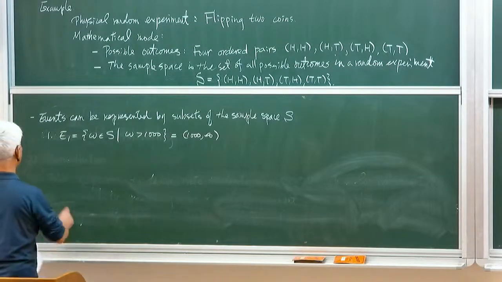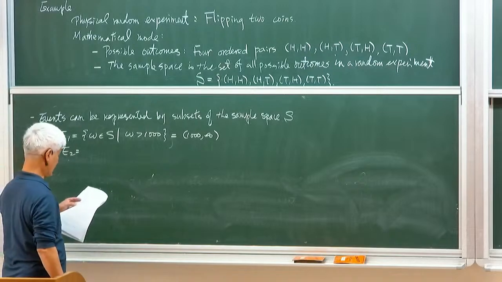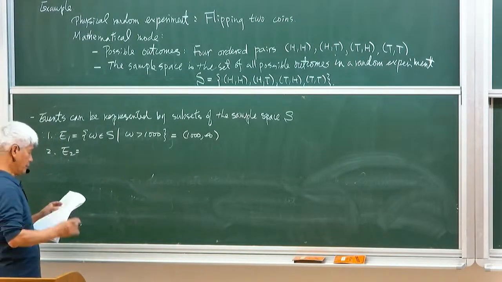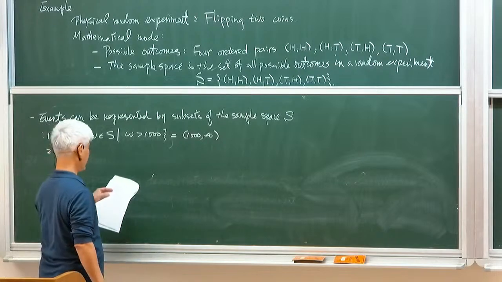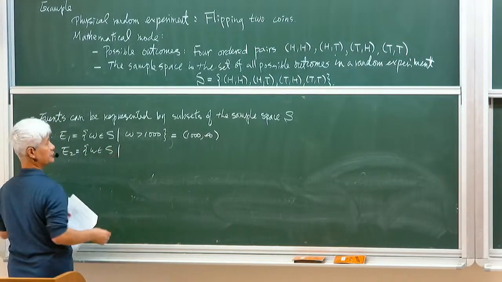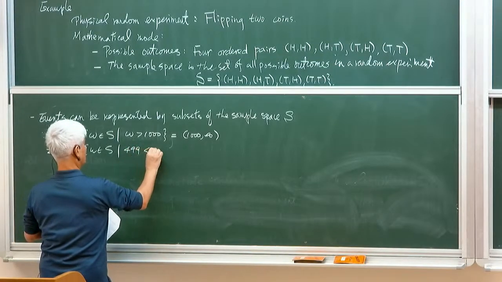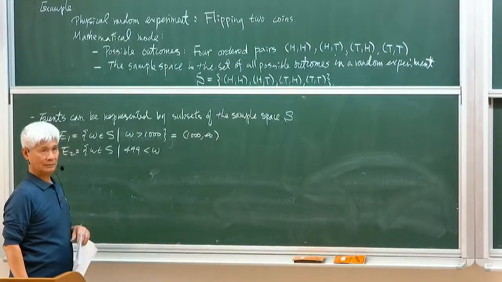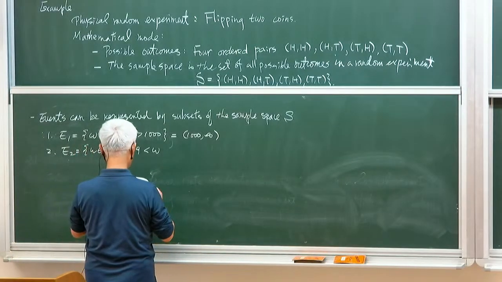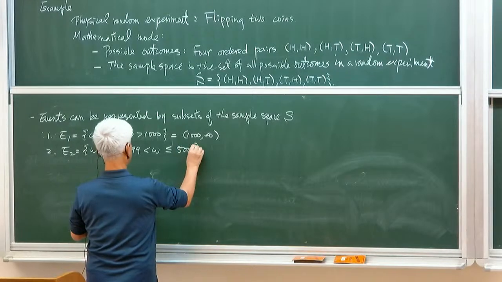The second event says that we have to replace the bulb during the 500th hour, which means that the life time is greater than 499 but less than or equal to 500.